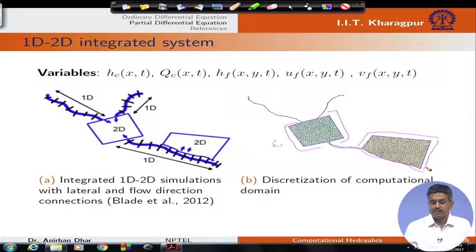We can specify the hydraulic structure corresponding internal conditions for this system.